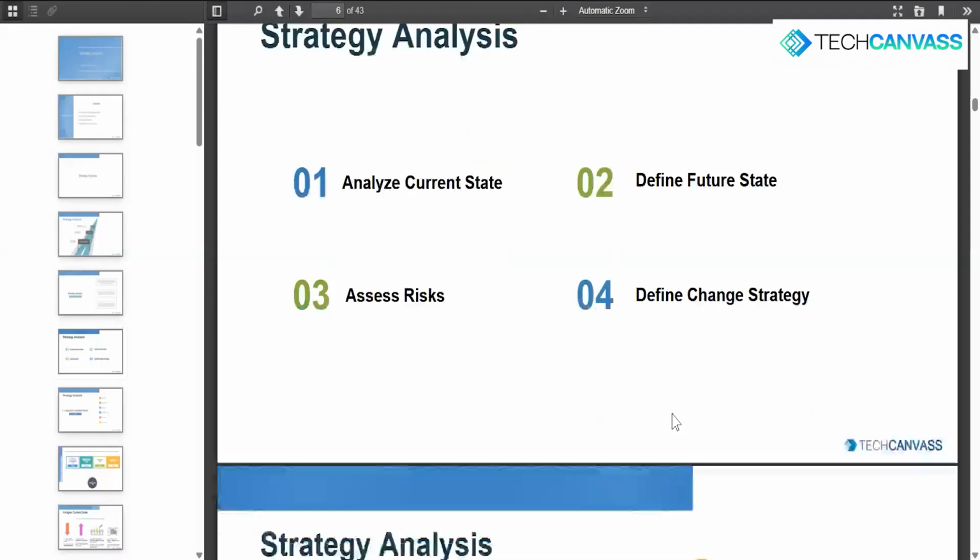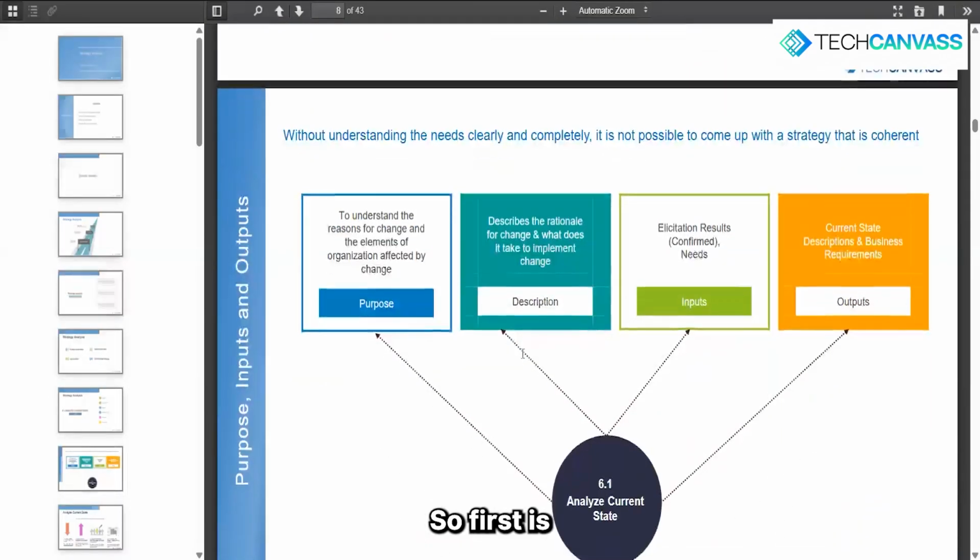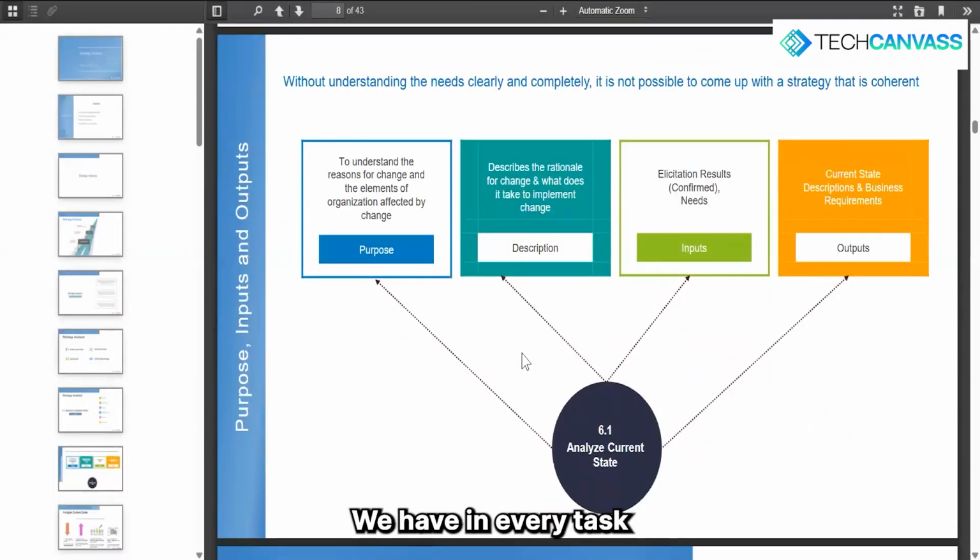Let's quickly get into the details. You all know that every task has a certain format: a purpose, description, definition, and then inputs, elements, guidelines and tools, techniques, stakeholders, and so on. The input required here is elicitation results in a confirmed state. You should know what is required by the stakeholders.